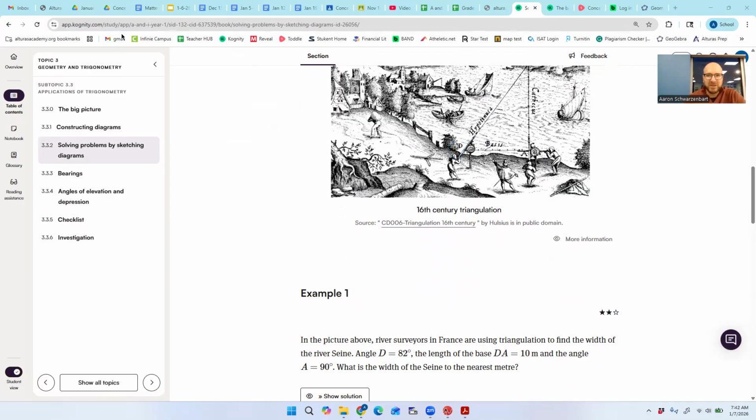It'll show up better on the picture. 82 degrees. Length of the base DA is 10 meters. And the angle A is 90. Says, what is the width of the river to the nearest meter?